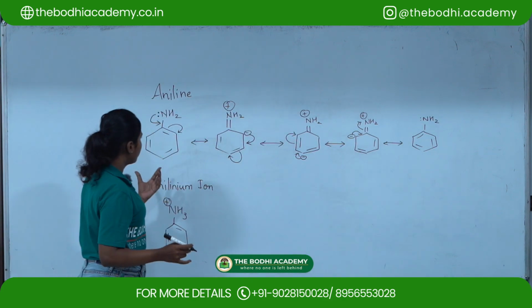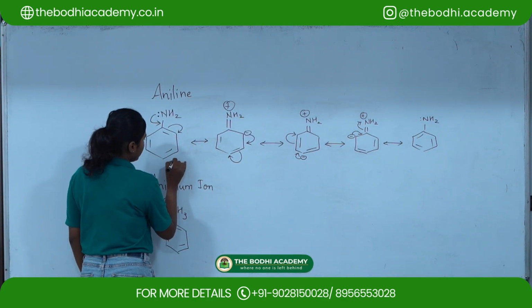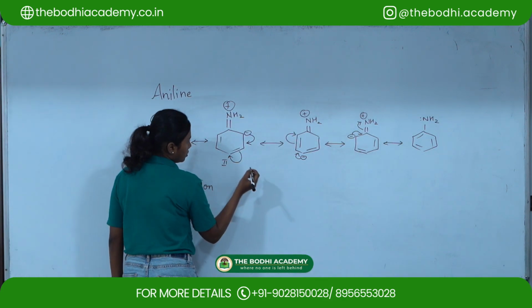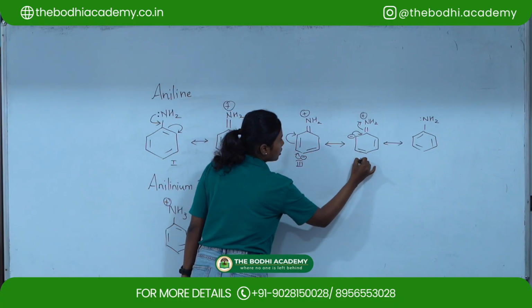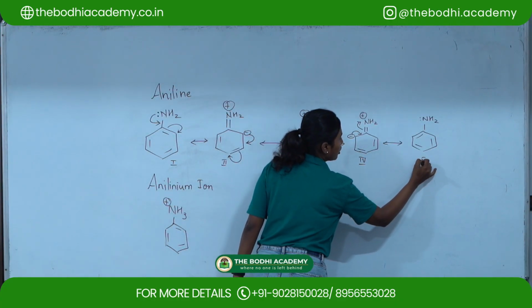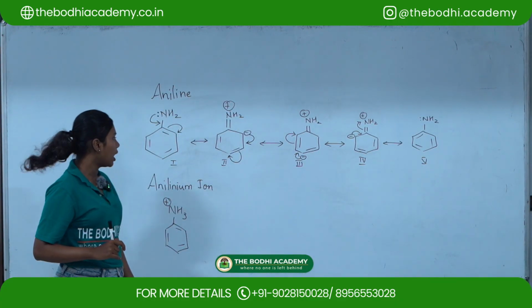So here we could see we have possibly 1, 2, 3, 4 and 5 resonating structures that are occurring.